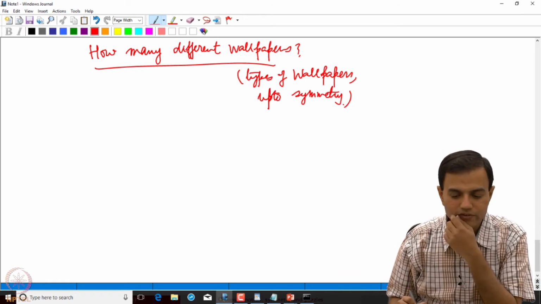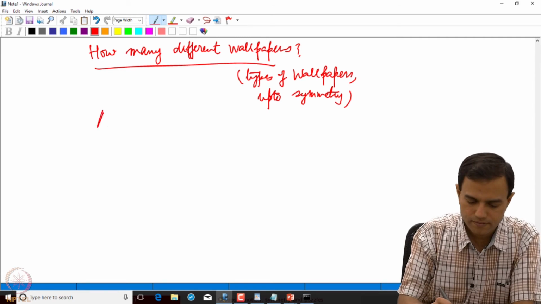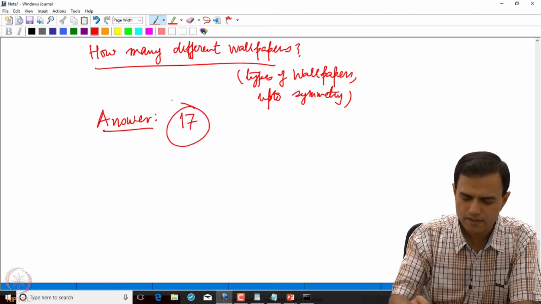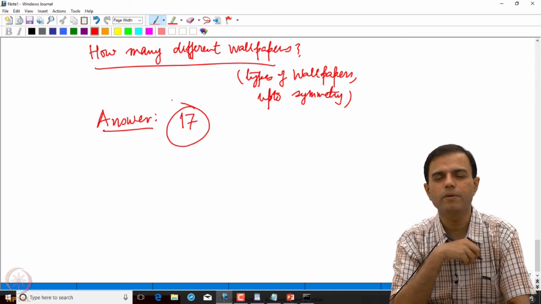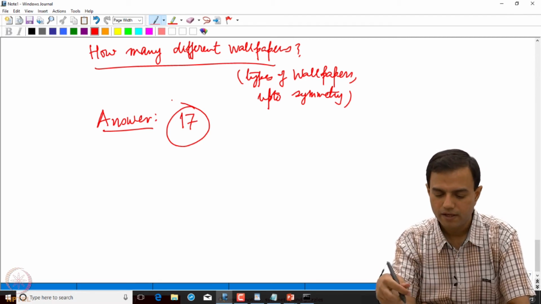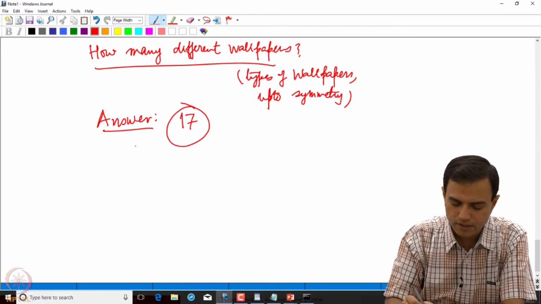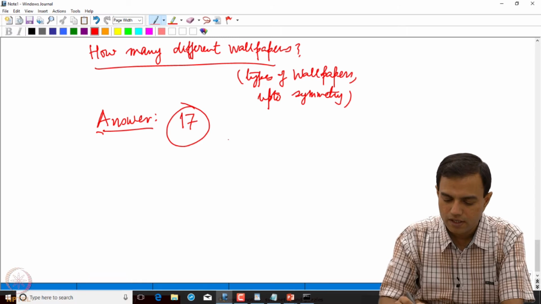The answer is quite interesting and it's not very easy. Very curious. So there are 17 different wallpaper patterns. There are 17 different types of tiles that you can make up to symmetry considerations.